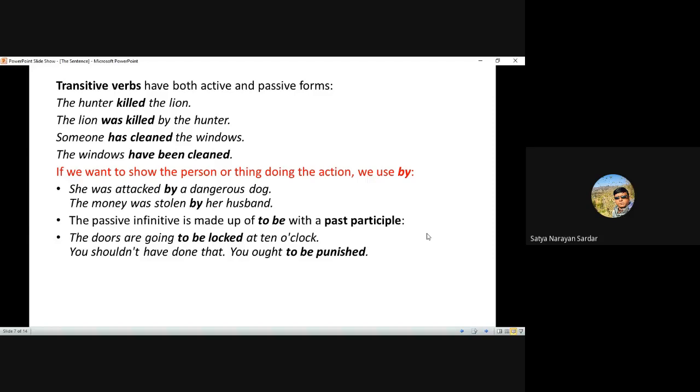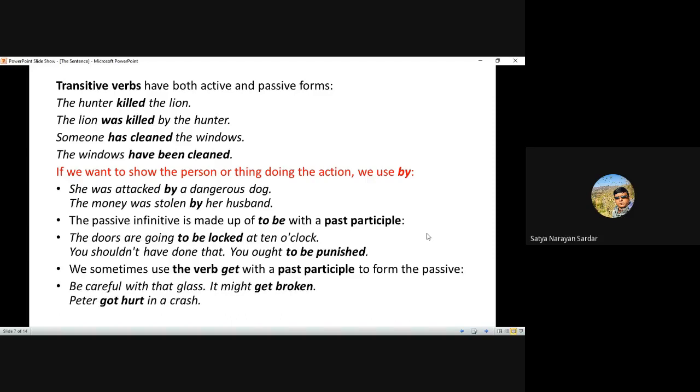These are also in passive form. We sometimes use the verb get with a past participle to form the passive. Be careful with that glass. It might get broken. Peter got hurt in a crash. So these are also in passive form.